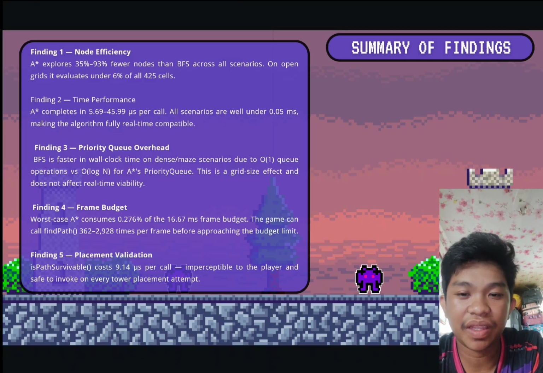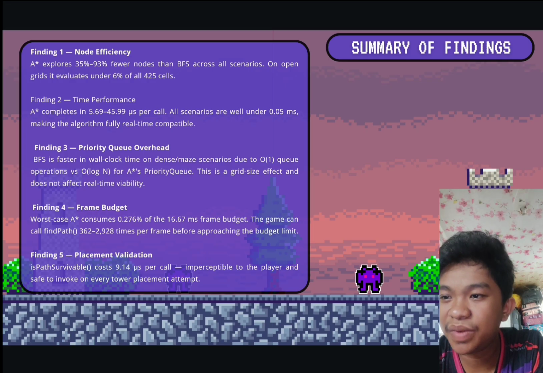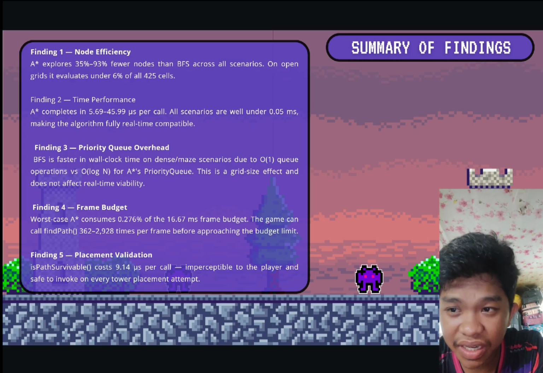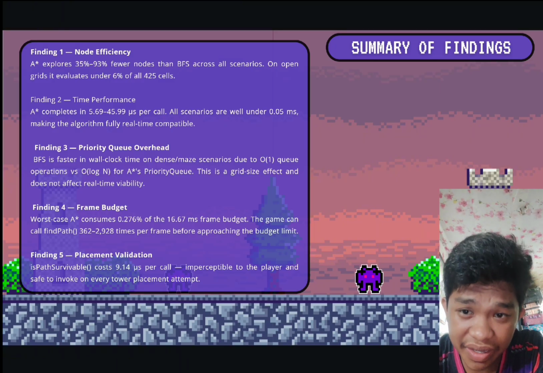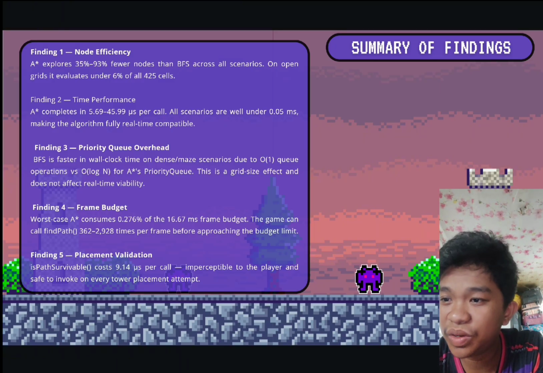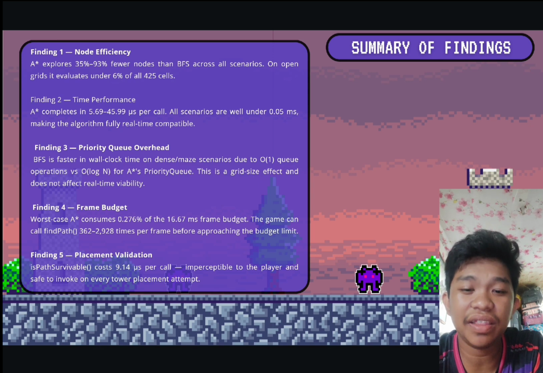Finding 5. Placement validation. isSpotSurvivable costs 9.410 microseconds per call, imperceptible to the player, and safe to invoke on every tower placement attempt.